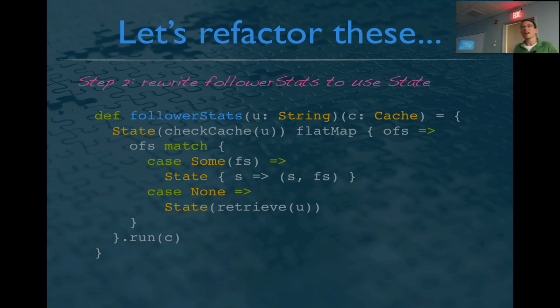We basically say, let's create a lambda that given some state S, we're going to close over the FS value, and we're going to return the same thing you gave me as the state value. And of the actual value, we're going to return FS. So that little lambda, S to S comma FS, we just wrap into a state and lift. So it's a little weird.